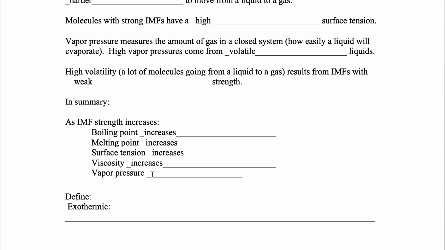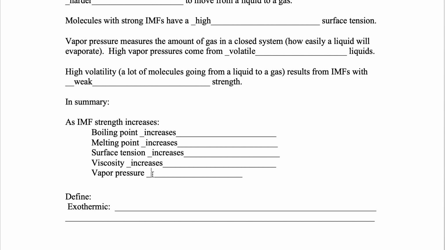And this one, vapor pressure, is the pressure of a vapor, but the impact on vapor pressure is that as a substance vaporizes and becomes a gas, that gas subsequently exerts a pressure. And so the more of that gas that is in a confined space, the higher the pressure.